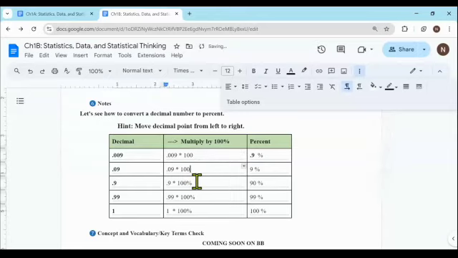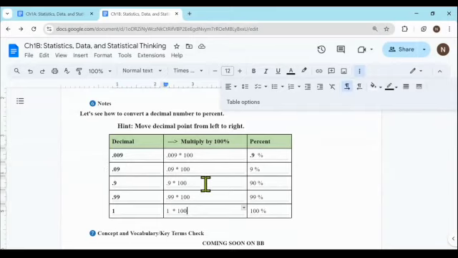I'll just remove this percentage from here so it will not confuse you. So 0.009 times 100, I move the decimal how many places? 2. Yeah, count with me. 1, 2. So the decimal will be where? Before the 9. So it's going to be 0.9, and you put the percentage next to it, 0.9 percent. Okay, same thing here.